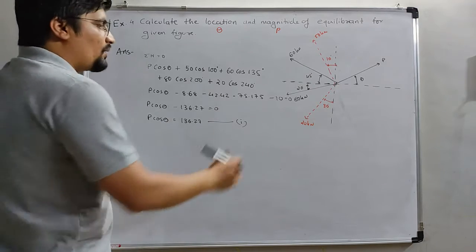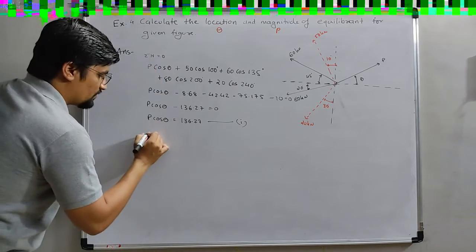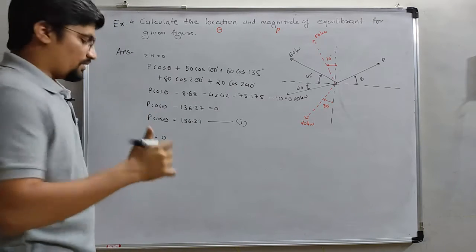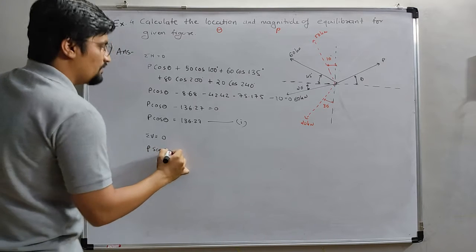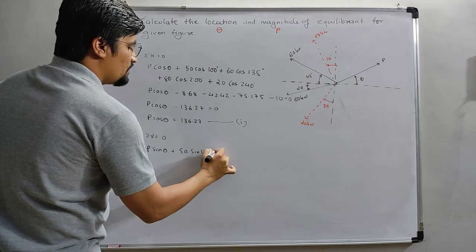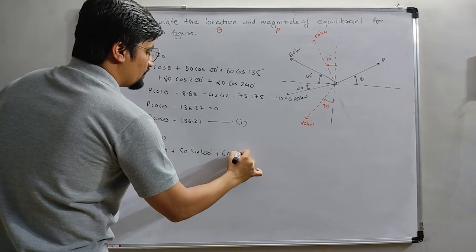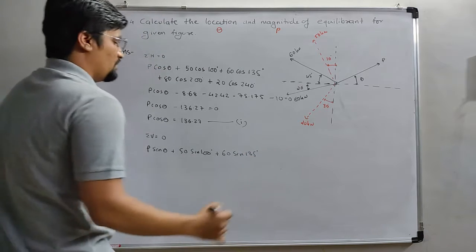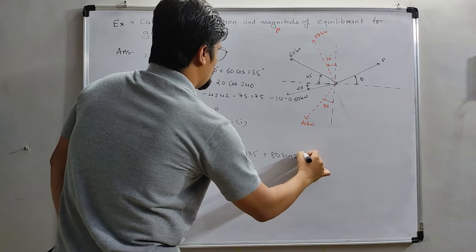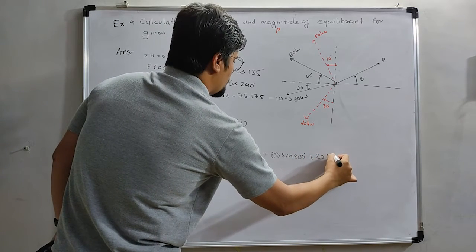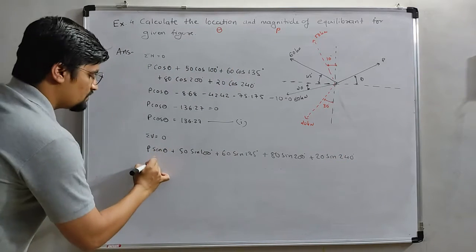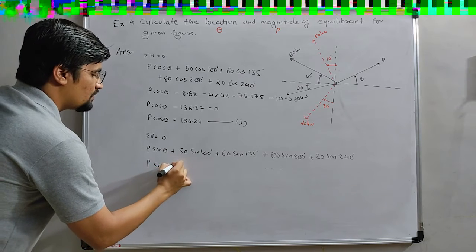Likewise, calculate the value of all vertical forces. Just replace the cos with sin: P sin theta is equal to 0 plus 50 sin 100 plus 60 sin 135 plus 80 sin 200 plus 20 sin 240.